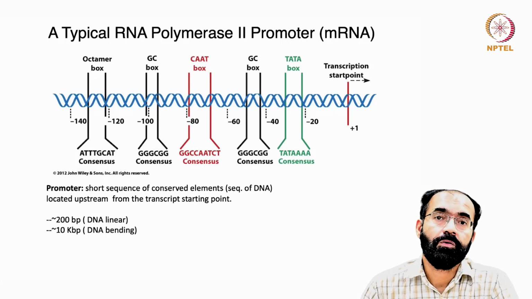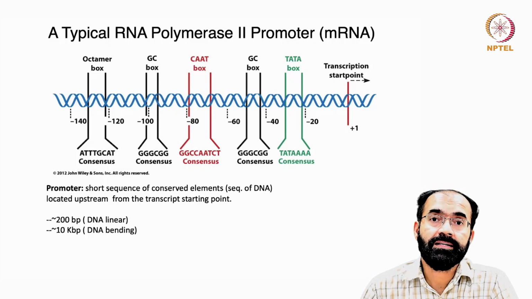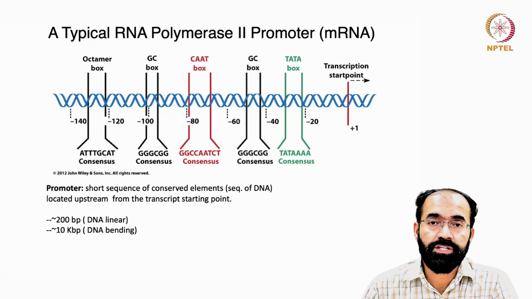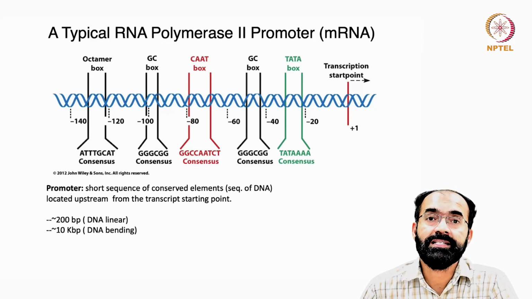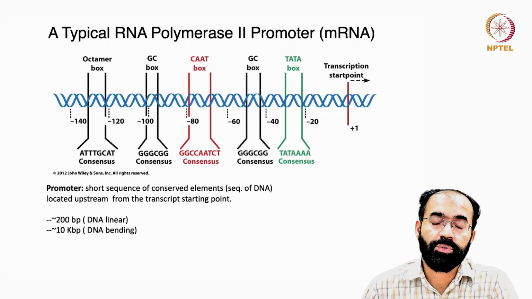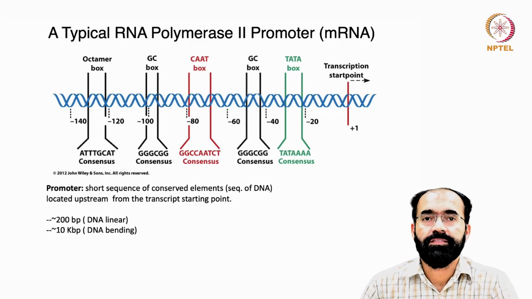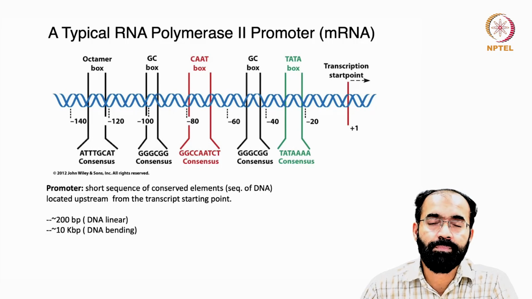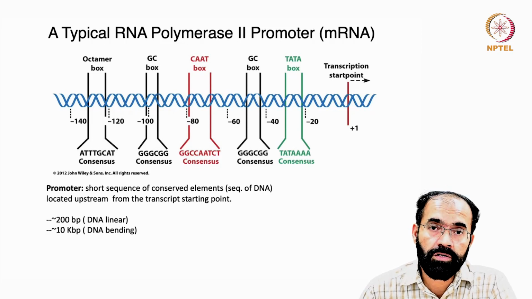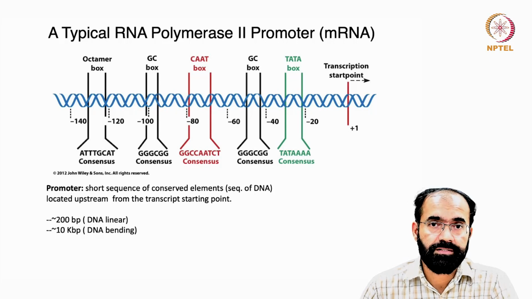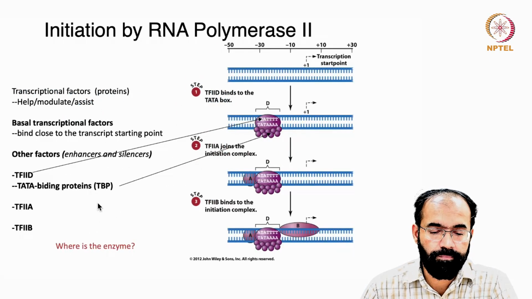That means 1000 bases, 1000 nucleotides is 1 kb, and 1000 kb is 1 Mb. So it can be stretching much upstream also. So we cannot define a specific boundary common to all the genes. It varies from gene to gene.